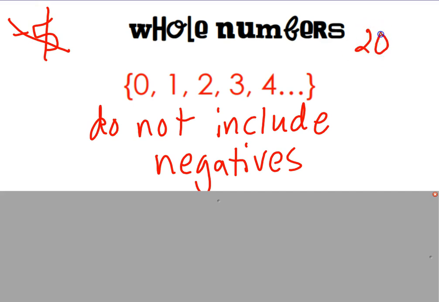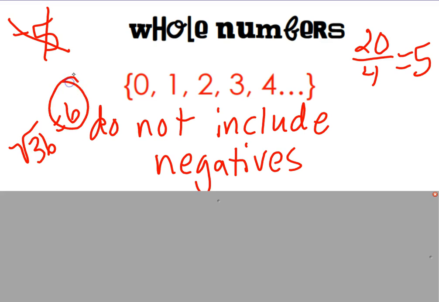20/4 simplifies to 5, so it is a whole number. The square root of 36 simplifies to 6, so it is a whole number.